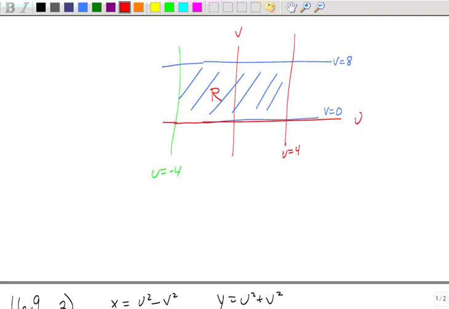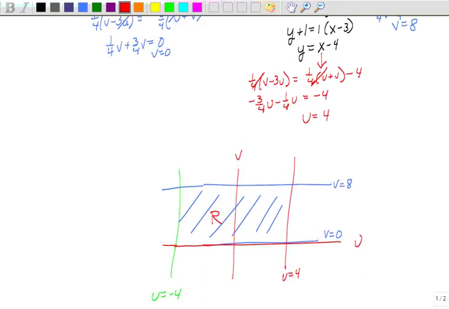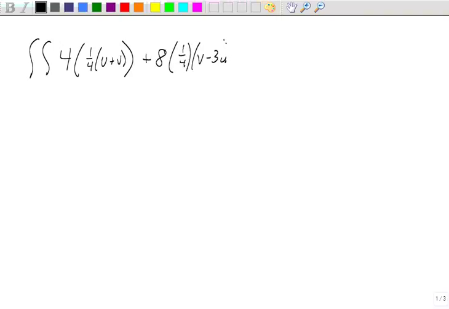Okay, so we're going to change from this rectangle that's catty-cornered to a really nice rectangle, and this region right here is easier to integrate. So when we set up our integration, we have 4x, but x is 1/4 u plus v, plus 8y, but y is v minus 3u, dA.